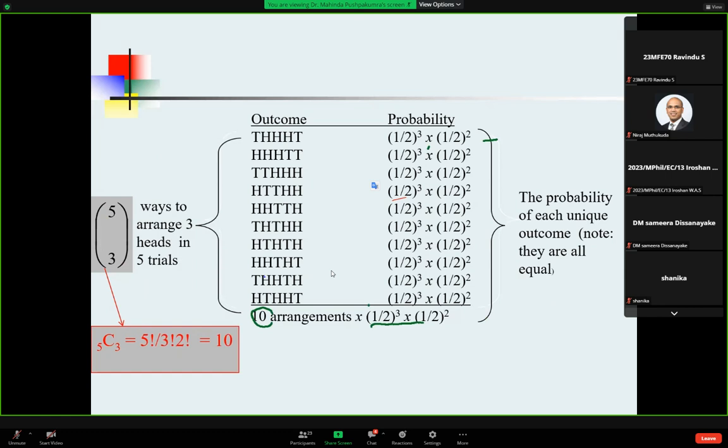In this example, the difficult part is to identify the number of arrangements. To identify the number of arrangements, we have a simple way, another mathematical equation.